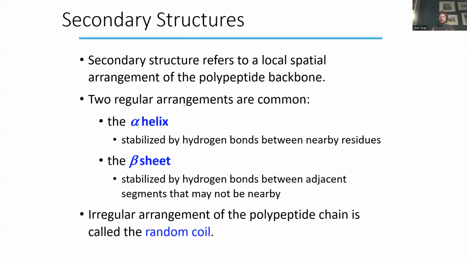Now, this is all leading to going from primary structure to a secondary structure. So primary structure, arguably it's not that interesting in some respects. The reason that it's not that interesting is because it's primarily focused on, well, it's stabilized by covalent bonds.